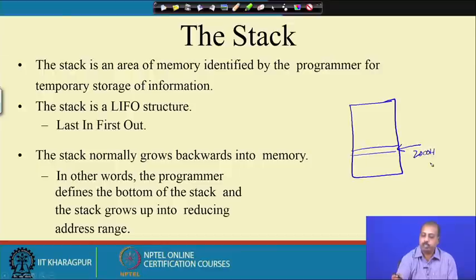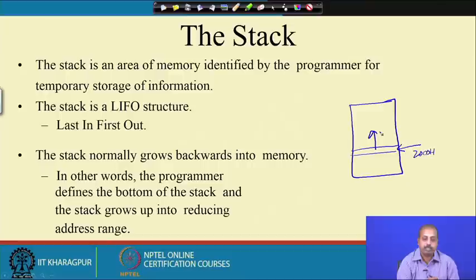Now, as you put more and more elements into the stack, the stack will grow in the upward direction. 2000 next will be say 1FFF, and that way it will go on decrementing. So the stack will grow backwards towards the lower addresses in general.